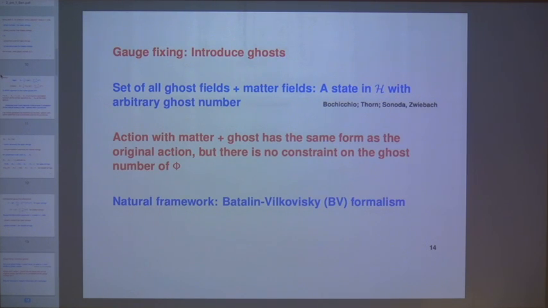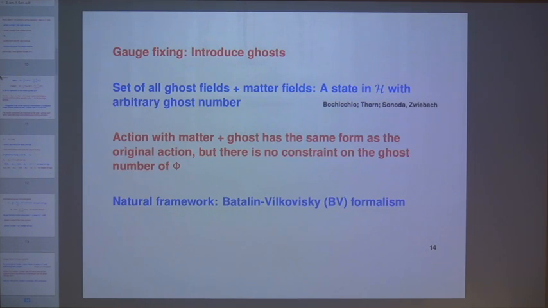Now, because you have this infinite parameter gauge invariance, you have to gauge fix, and that requires introducing ghosts. And it turns out that when you introduce ghosts by gauge fixing, the set of all ghost fields plus matter fields correspond to a state in H with arbitrary ghost number.